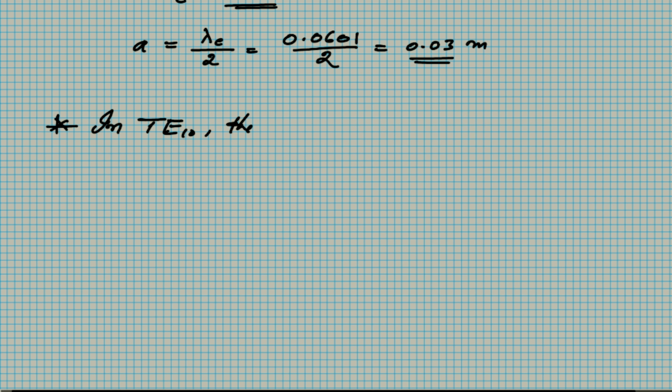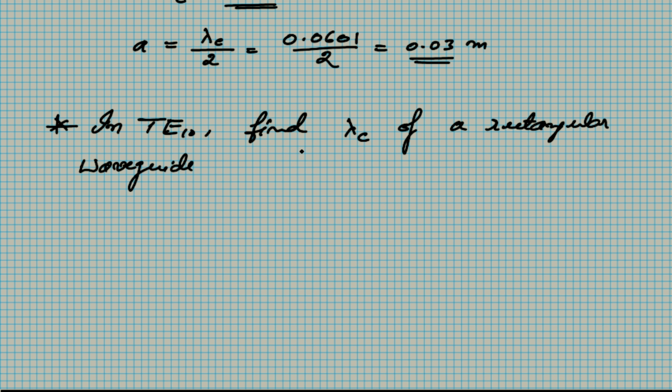In the TE10 mode, find the lambda c of a rectangular waveguide of length equal to 10 centimeter, with frequency of propagation 2.5 gigahertz. Calculate.